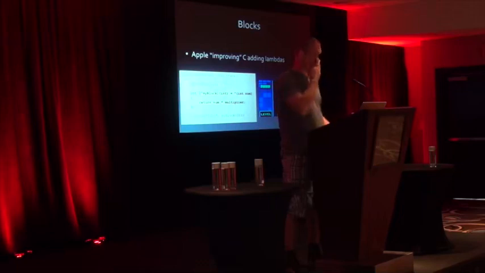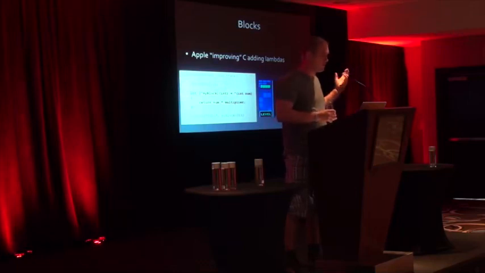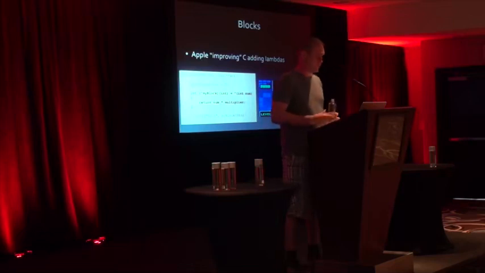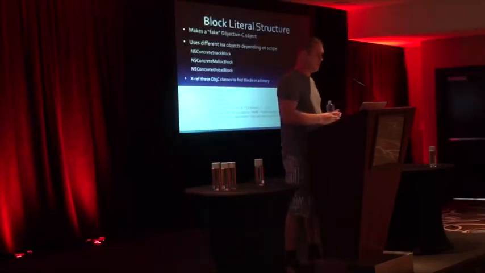When I first saw that, I assumed it would be a trivial case of a call instruction to some new text segment instructions that implement that. But it's quite a bit more complicated than that, because even in a C program, they've made the block a fake Objective-C object. They've done this by implementing this block literal struct. You can see down the bottom it's got an isa pointer, just the same as a normal Objective-C object.